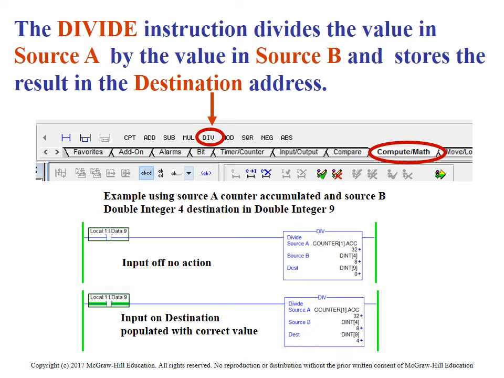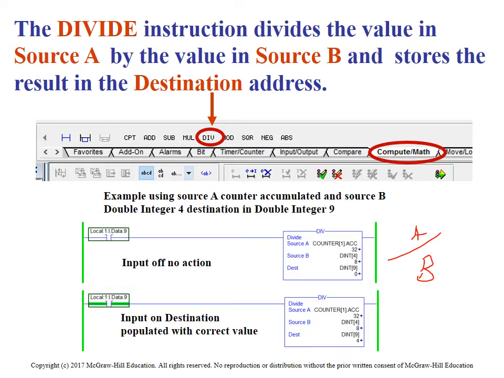The first piece of this is, as you can see here, I have A divided by B. If you're looking at some sort of math symbol, it would be A divided by B. So it's always A on top, B underneath, and destination would be the equals. So that's going to be the case.